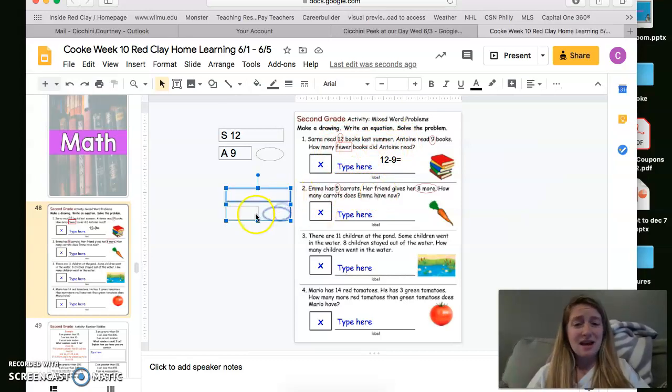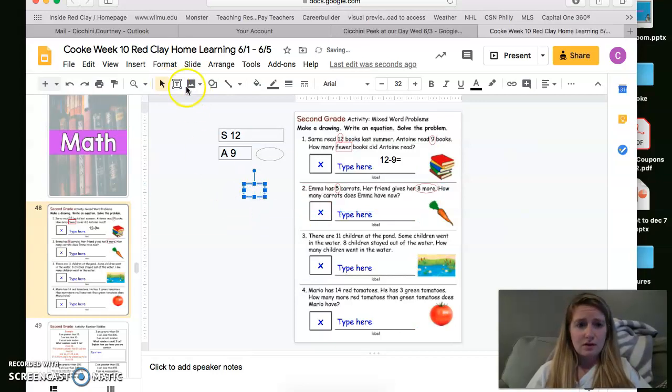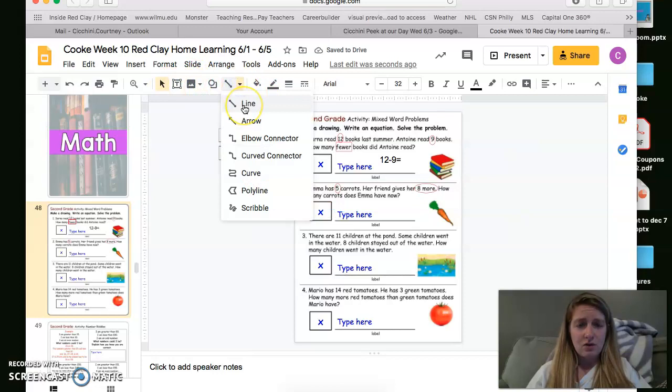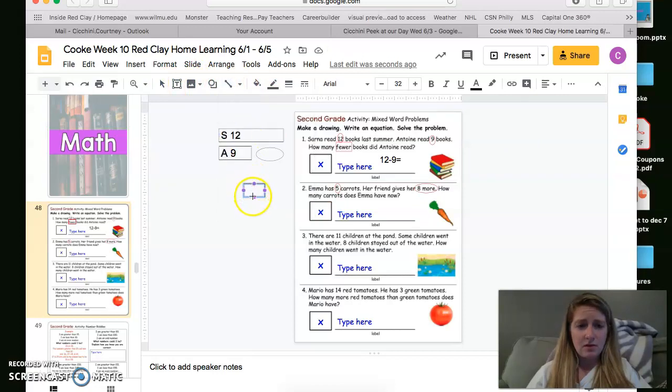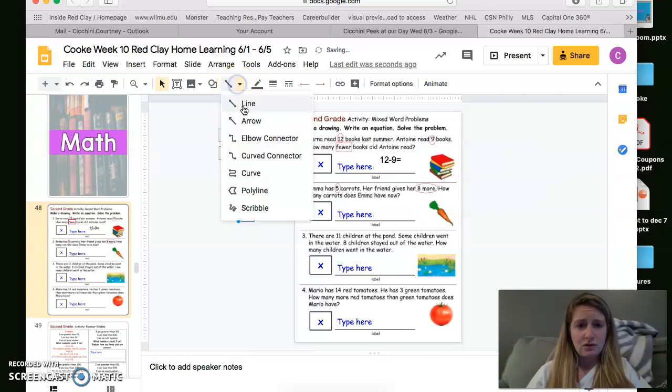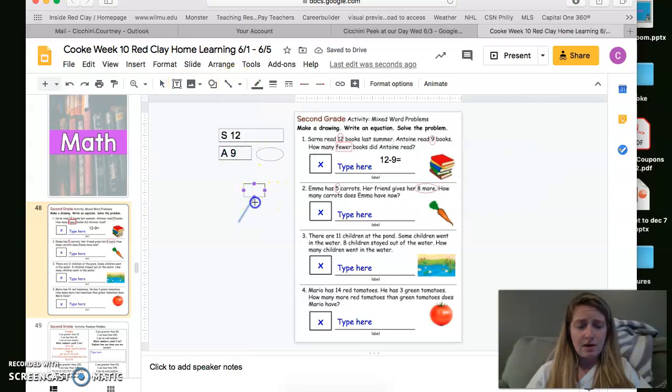So I would not use comparison bars for this problem. Instead, I might use a math mountain. This would count as my drawing. I have my total at the top, and then I want my 2 add-ins at the bottom.